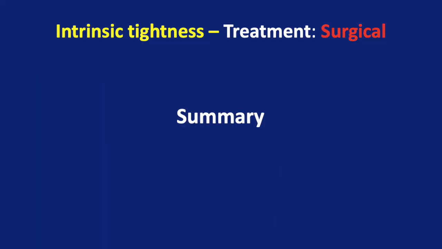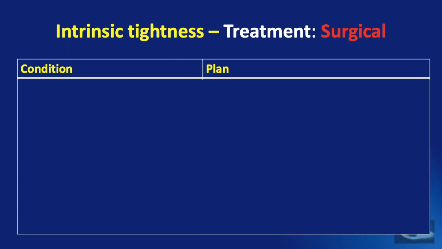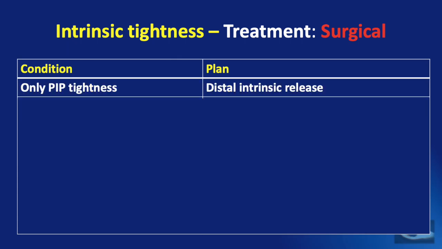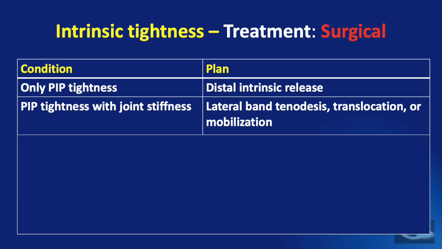Having learnt all the procedures, let us now summarize and see which procedure is indicated for which condition. If there is only PIP joint tightness, a distal intrinsic release is indicated. If there is PIP joint tightness with stiffness of the joint, lateral band tenodesis, translocation or mobilization procedure will be indicated.